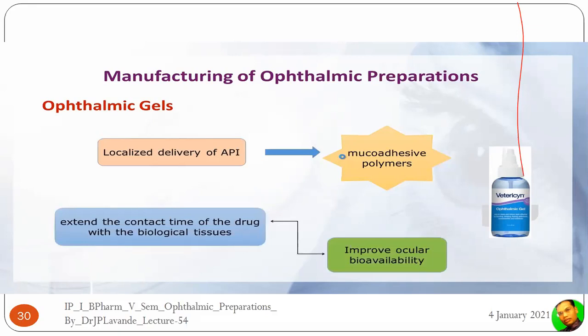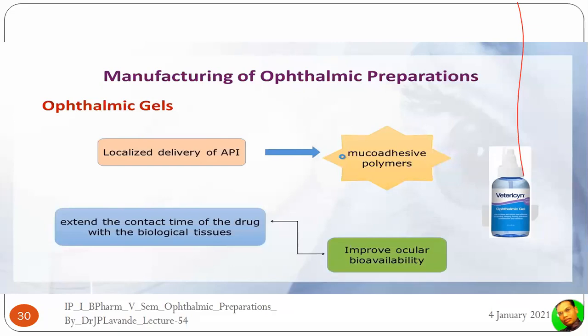See, if we look at eye drops, suspensions and gels, as we move from eye drops and suspensions to the gels, we can see there is a prolonged contact time, and as there is a prolonged contact time, the drug remains in contact with the biological tissue for a longer period.